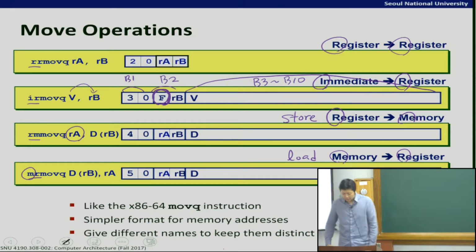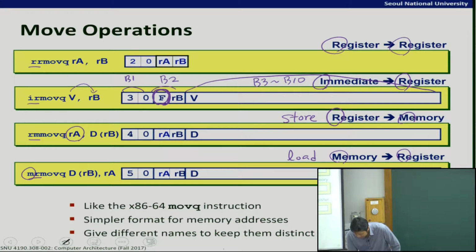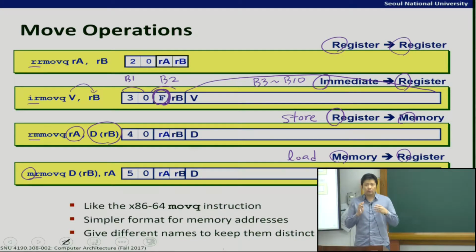Okay, and as I said, when we access memory, we do not support all the addressing modes supported by x86-64. We only have a very simple displacement mode. So in this case, we only take one register and one constant value. That's it.